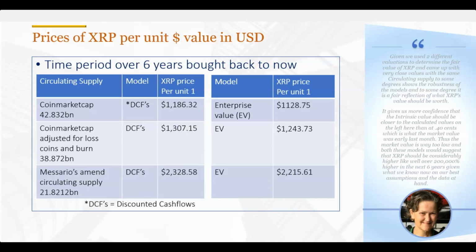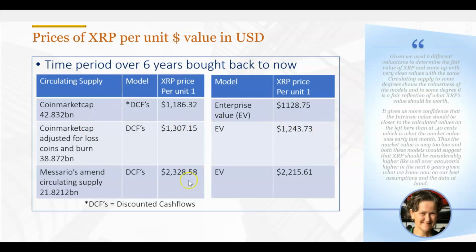It's always very difficult to do that because these are valuation models, and they're always subjective to the assumptions you put into them. No valuation model is going to be correct. But what I think is very interesting is we have 2 separate valuation models, and we've come up with a very, very similar fair value or intrinsic value of XRP.